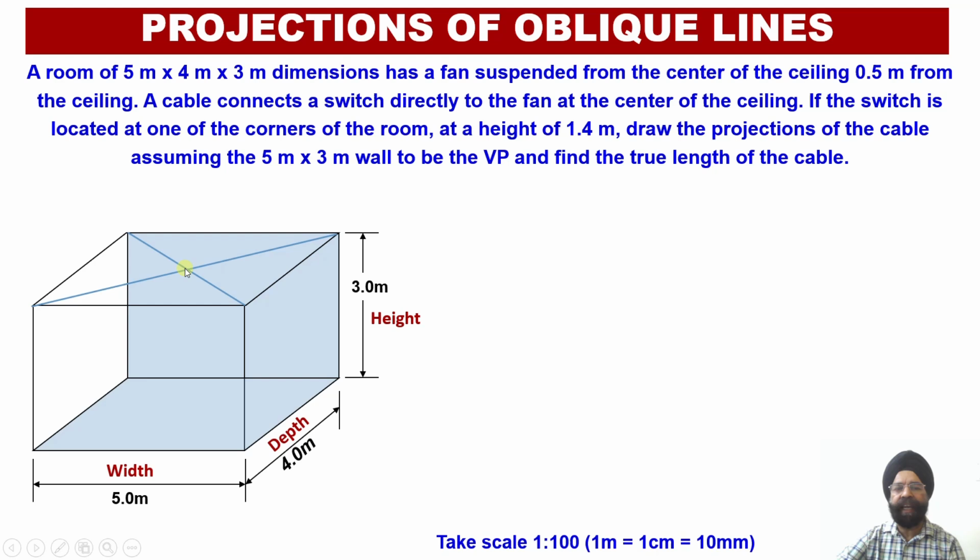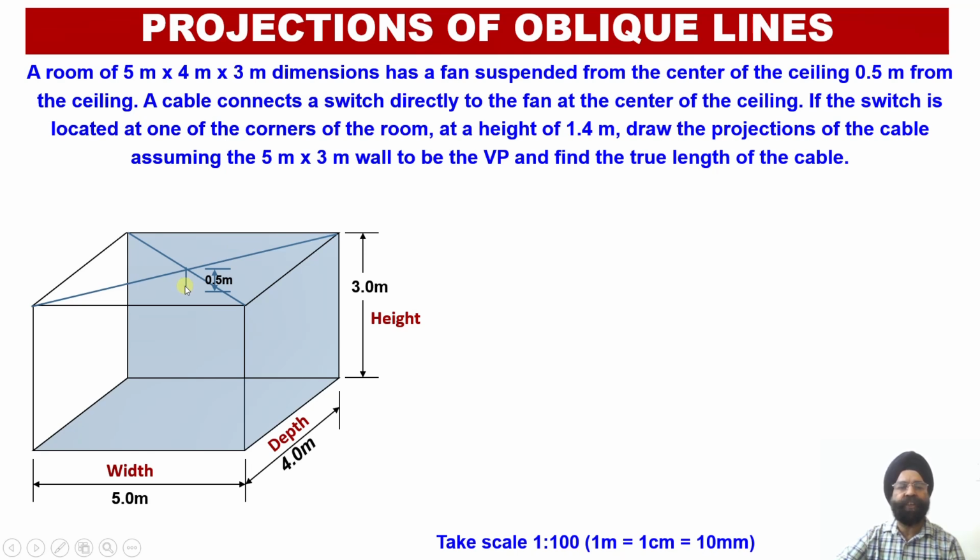So from this ceiling, 0.5 meter from the top, we have to suspend a fan over here. So this is the location of the fan, and this location of the fan happens to be 0.5 meter from the ceiling. So it is the center of the ceiling which we have located, and from this particular center 0.5 meter from the top, this is the location of the fan.